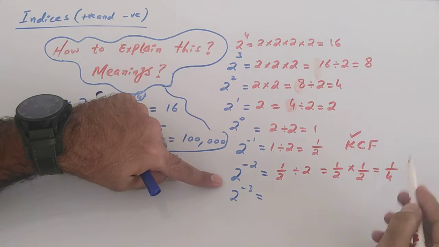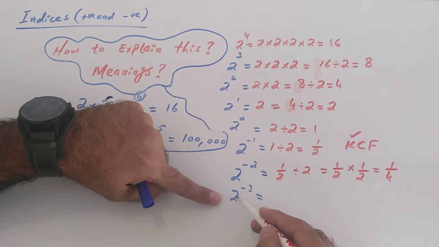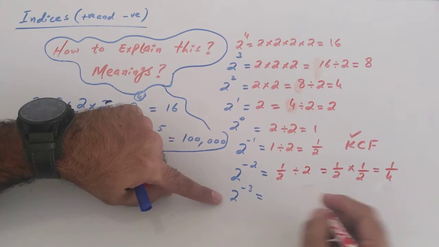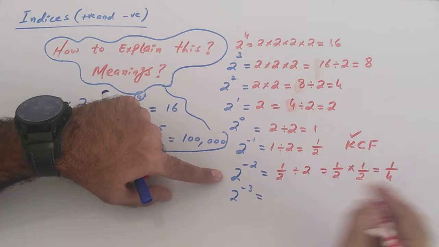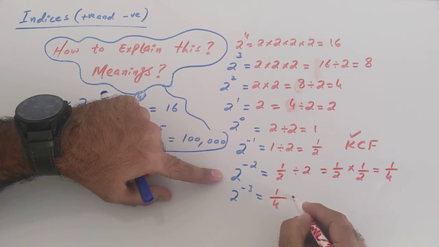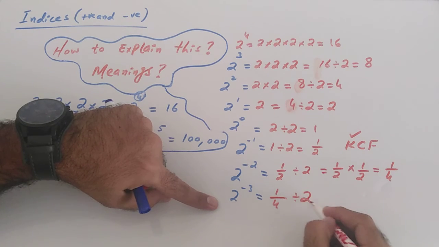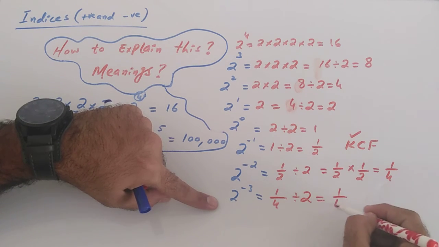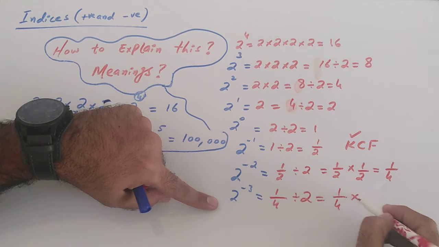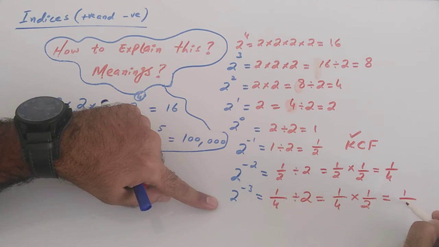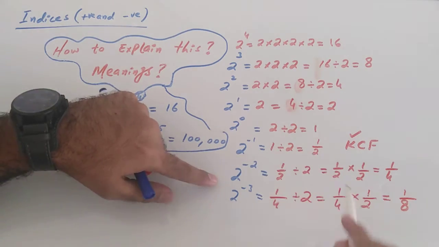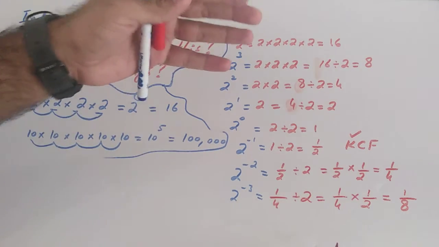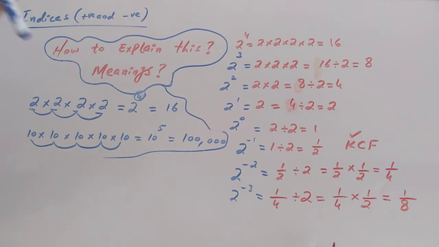This is 2 to the power negative 2. Then for 2 to the power negative 3, the previous answer is 1/4. If you divide this by 2 again, you do the same thing: 1/4 times 1/2, and the answer is 1/8.